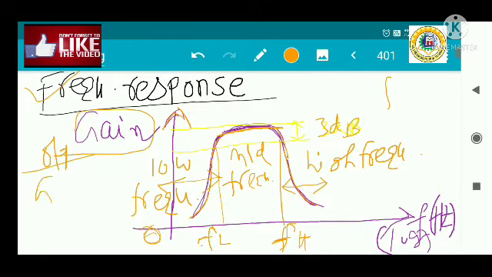So if we plot the gain, it also signifies the variation of the output. So frequency response is the variation of the output or the gain with the frequency of the input signal. If the frequency of the input signal changes, then the gain is not fixed. That is the main aim of the study of frequency response.